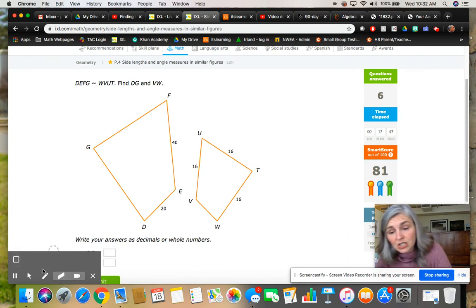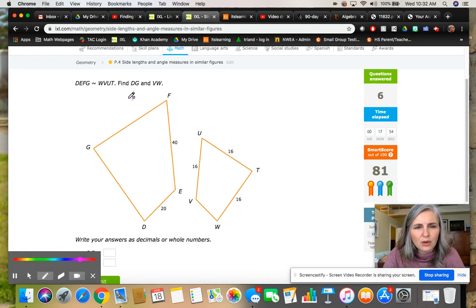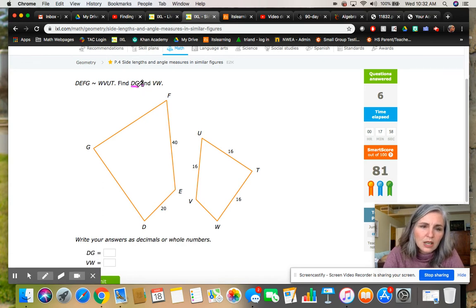And so pretty much it goes along this same thread for the remainder of this. I'll do one more with you, one of these complicated ones where we're looking for 2, okay? So we're looking for DG, which corresponds with WT. So DG is this one, and WT is this one.